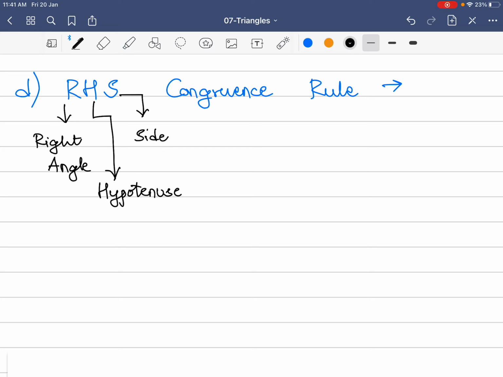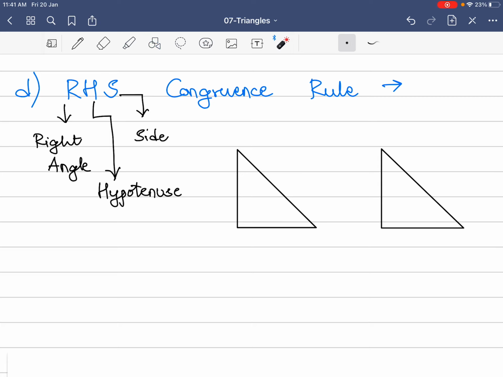What does this mean? Now, as the name suggests, this is specifically for a right angle triangle. So I'm going to draw one right angle triangle here, and I want to draw another right angle triangle here. Now, this rule says that two right angle triangles, so hold on, let me first mention this. This is the right angle here.